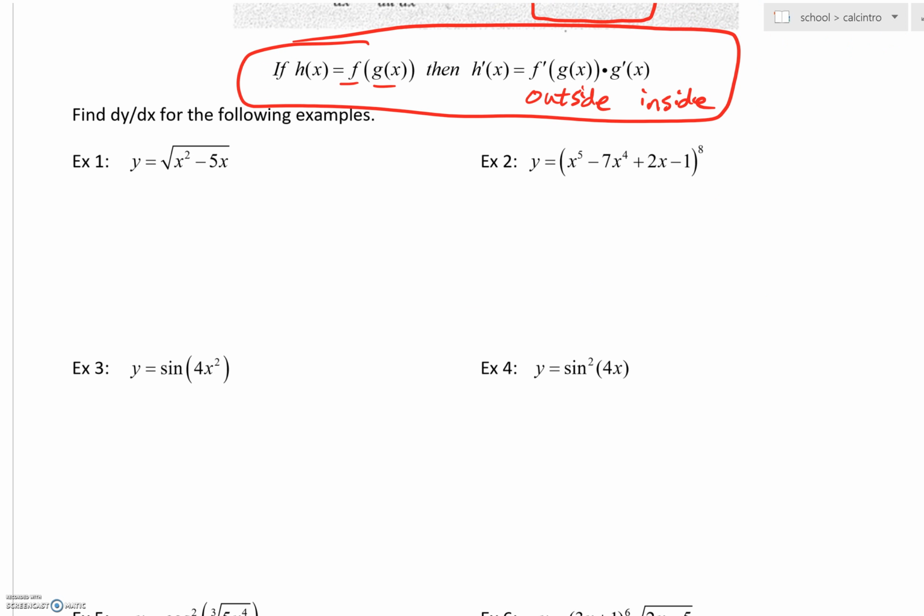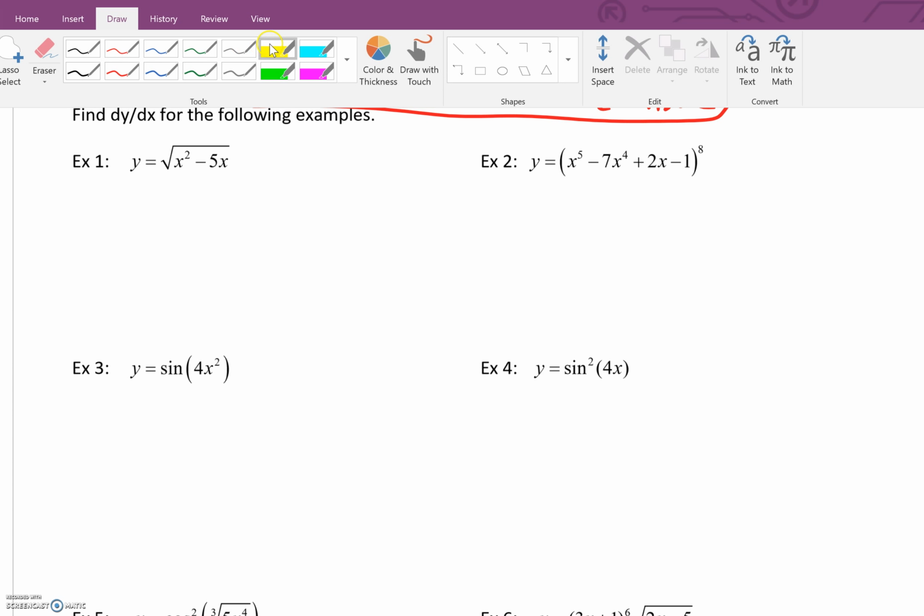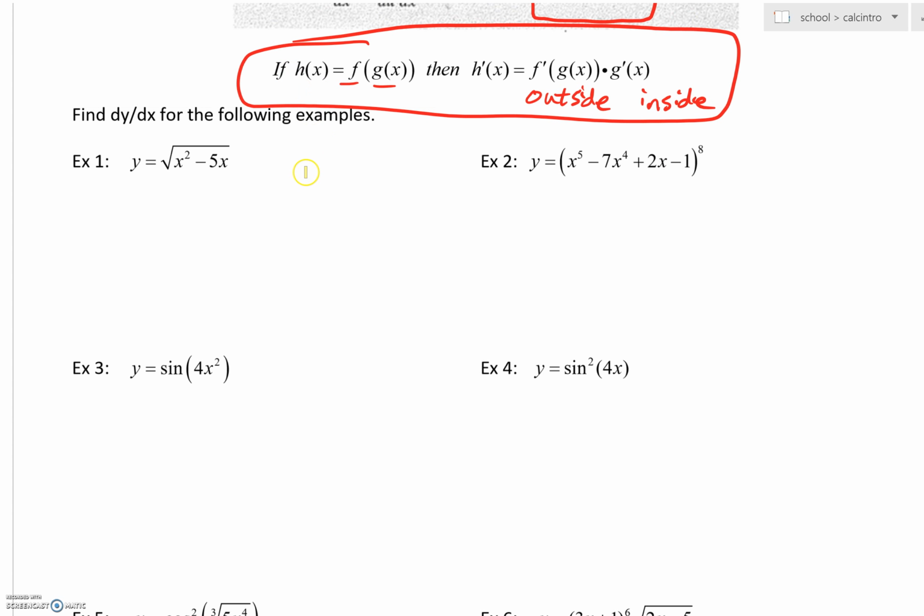I hope you can see that there is a composition. What would be the outside function for example 1? The square root of x. And guess what the inside function is going to be? Yeah, you've got this quadratic, x squared minus 5x.